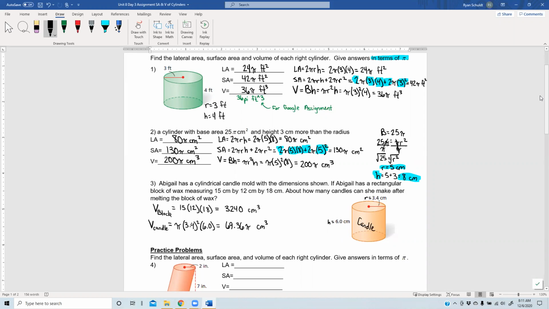So how many candles can she make? Well, this is how much wax she has total. This is one candle.